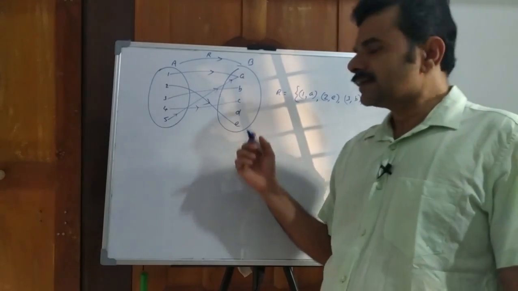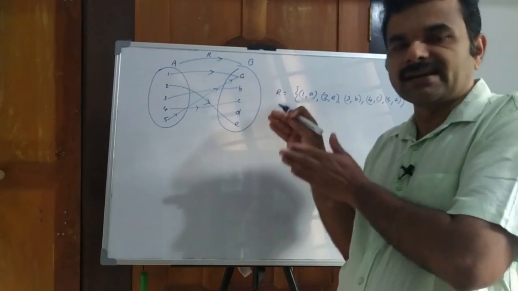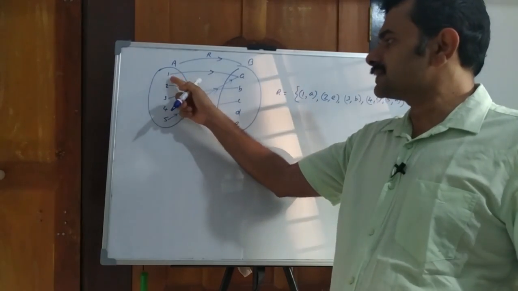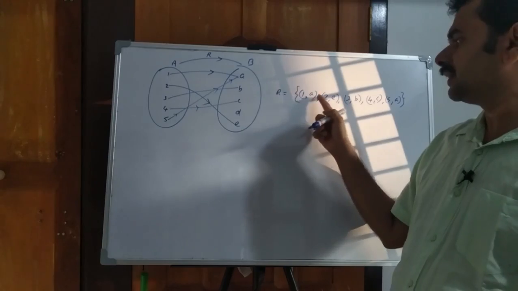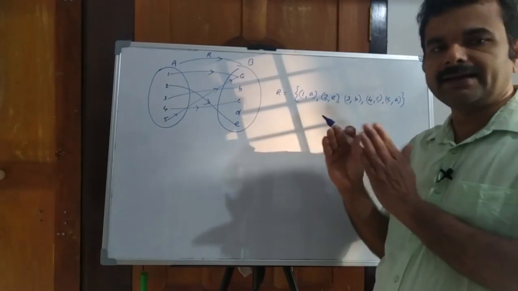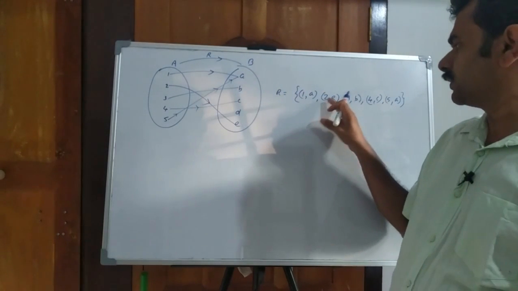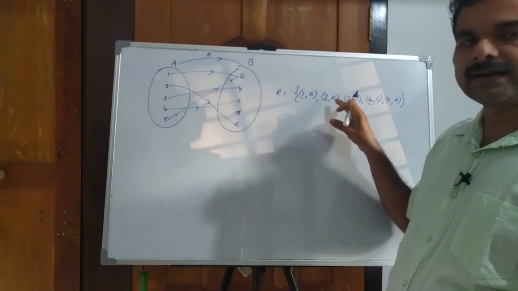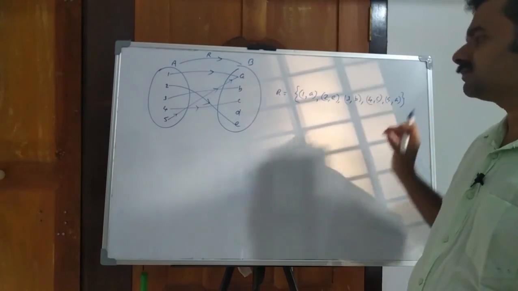This is a relation, and suppose there is some type of relationship between the X and Y elements. This 1 and A are connected by some relation; we don't know which. Similarly 2 and E are connected by a relation, and so on: 3B, 4C and 5A.